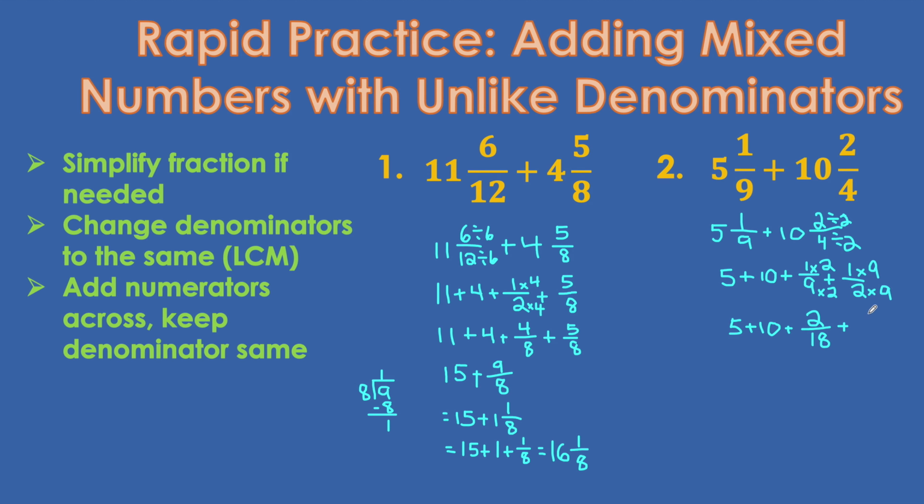Plus 1 times 9 is 9. 2 times 9 is 18. So we have 5 plus 10 plus 2 plus 9 is 11 over 18.